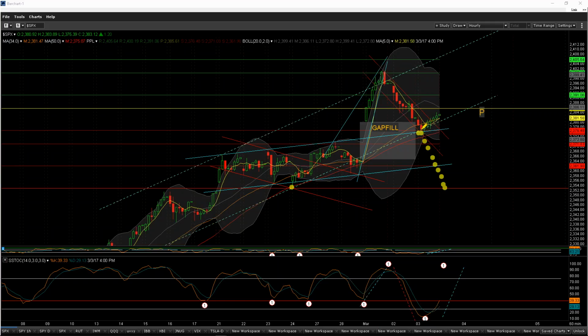So we could have gone down here if we had broken that, and that would be an extreme scenario. You also have a gap fill here going back to around the 17th. You had multiple things here which my brain automatically looks at when I'm looking at this constructed chart of the SPX, and you should be prepared for that.